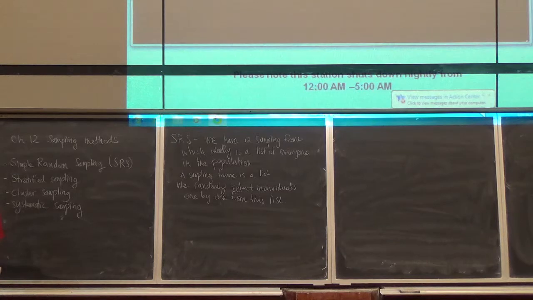So, if you work at a company, you can ask your HR department for a list of everyone who works at the company. Or if you go to a school, you might be able to get a list of all students. In those cases, it's easy to do simple random sampling.